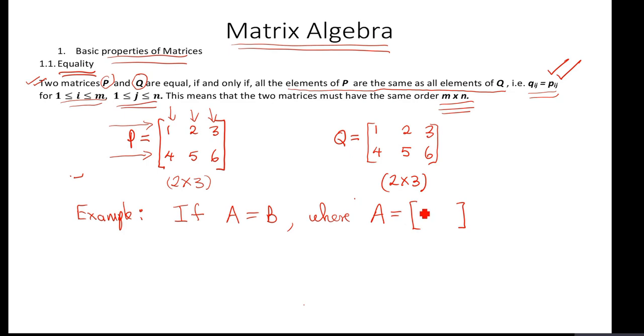So I'll have, let's say, -3, 5, a and 10. So that is 2 rows, 2 columns.